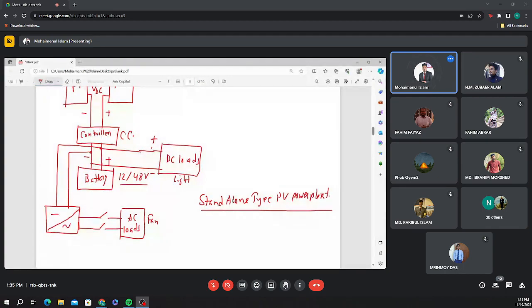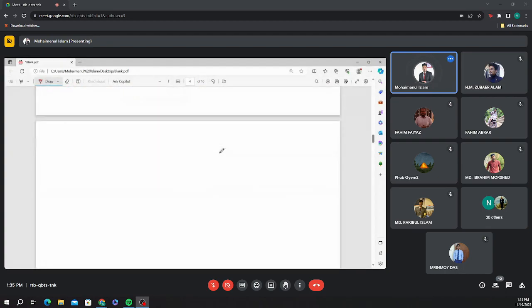Okay, so we have another type that is called on-grid. For that, maybe we need several arrays. I'm just considering 2 panels here.